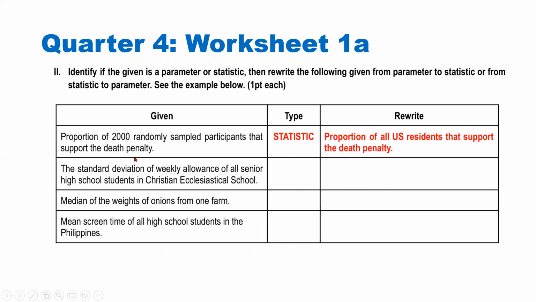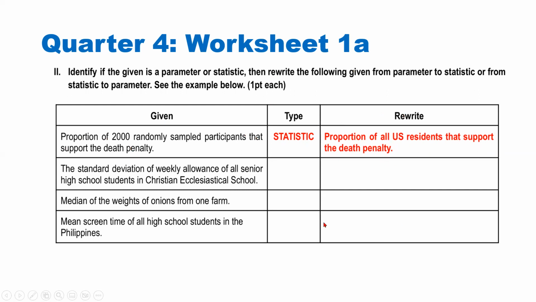For example, proportion of 2,000 randomly sampled participants that support the death penalty. So this given is a statistic. You will rewrite it to a parameter. So pag nire-write na natin, proportion of all US residents that support the death penalty.